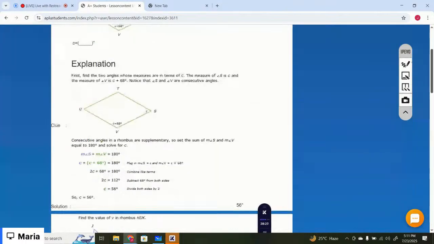Find the two angles whose measures are in terms of C. The measure of angle S is C and the measure of angle V is C plus 68 degrees. Notice that angle S and angle V are consecutive angles. So the measure of angle S plus the measure of angle V equals 180 degrees. So C plus 68 degrees plus C equals 180 degrees.